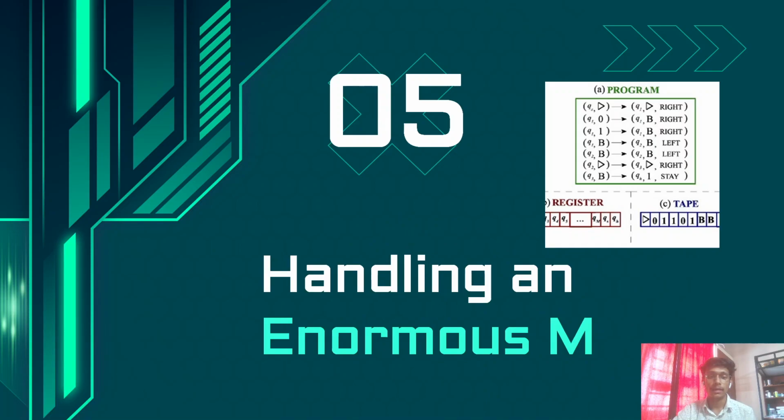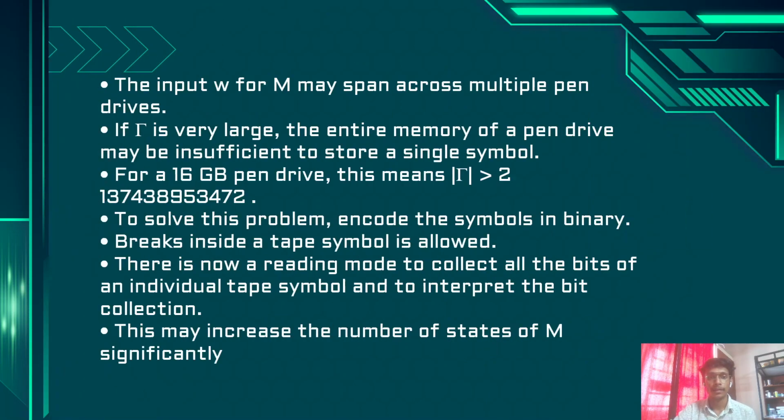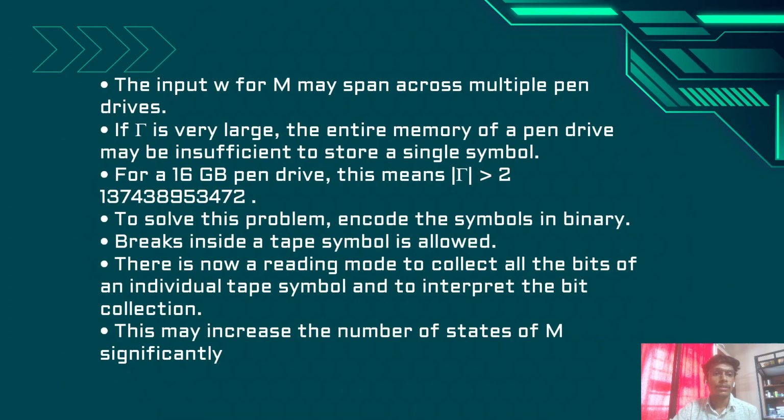So how do we handle a very enormous Turing machine M? The input W for M may span across multiple pen drives. If gamma is very large, the entire memory of a pen drive may be insufficient to store a single symbol. For a 16 GB pen drive, it means gamma is greater than 2 to the power 137438953472.